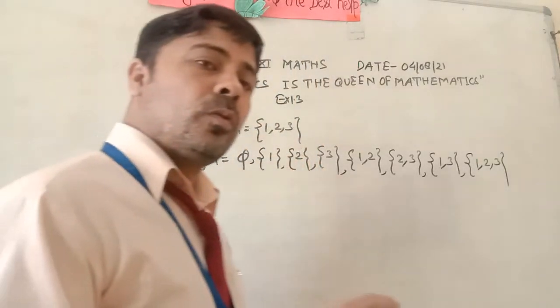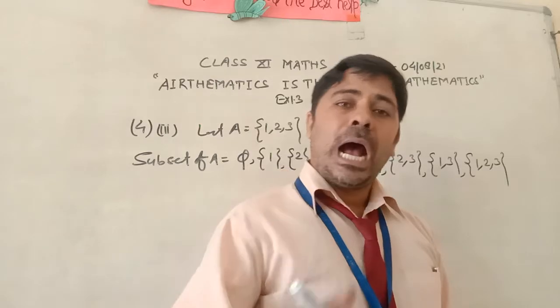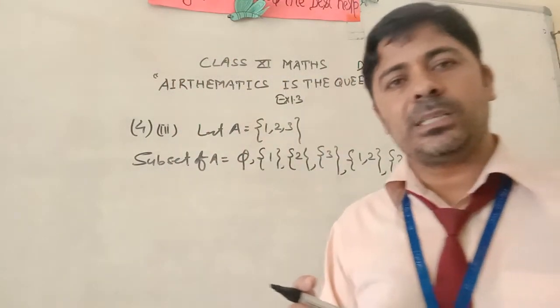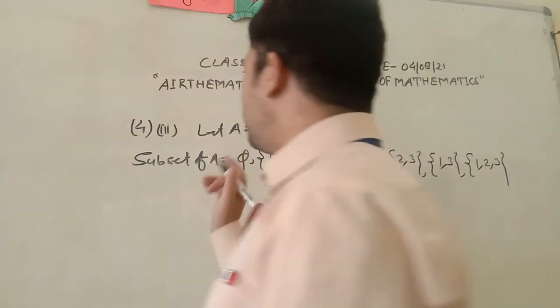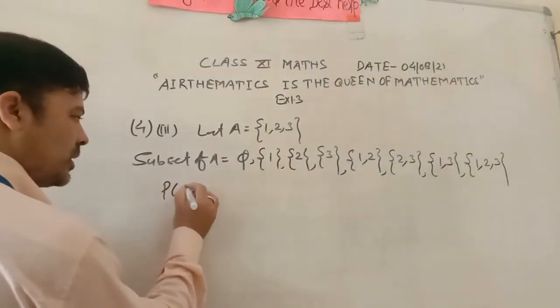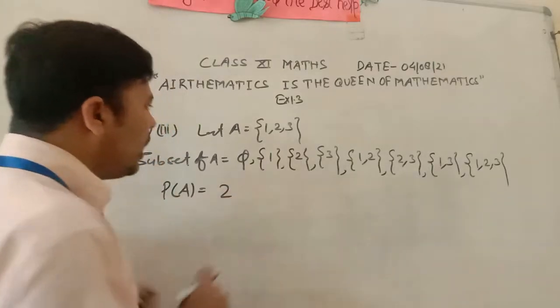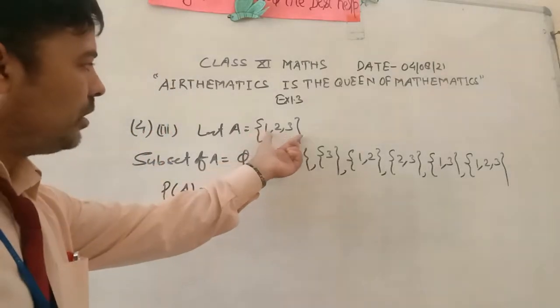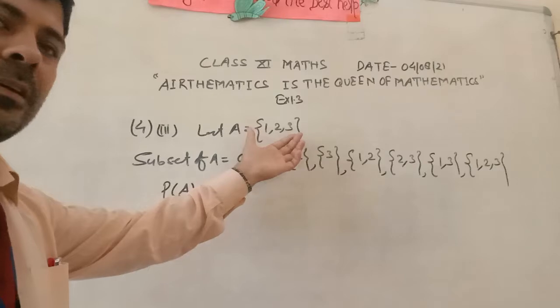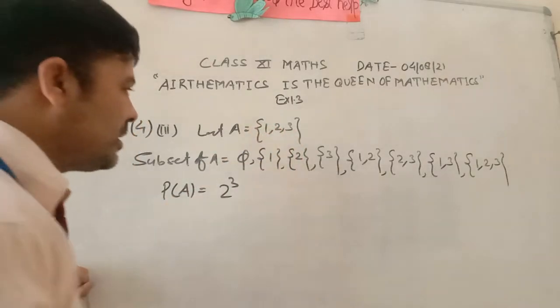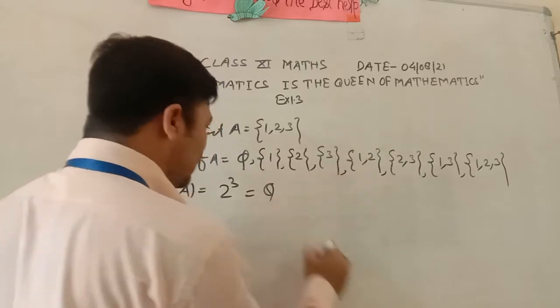If you are asked only the number of subsets, then use the formula: the power set P(A) is equal to 2 to the power of the number of elements of A. It has 3 elements, so it is 2 to the power 3, which means it has 8 subsets.